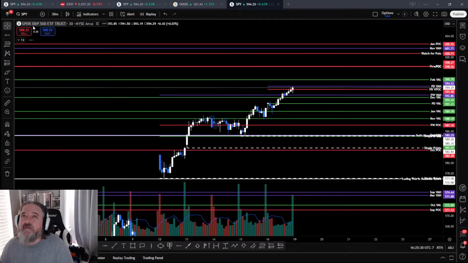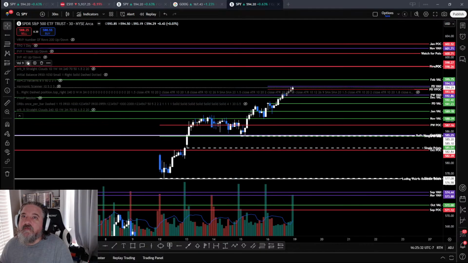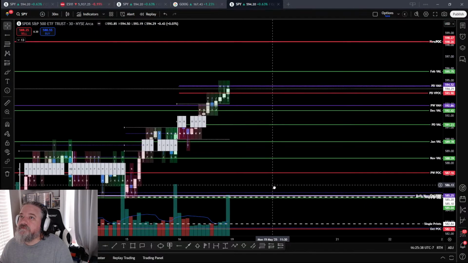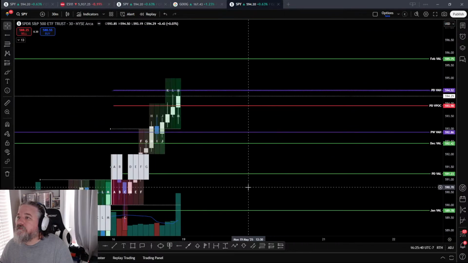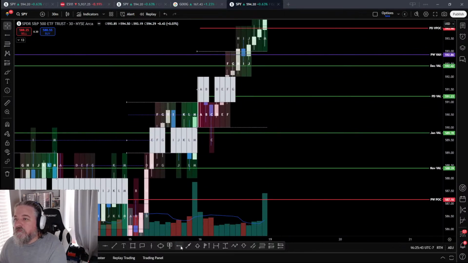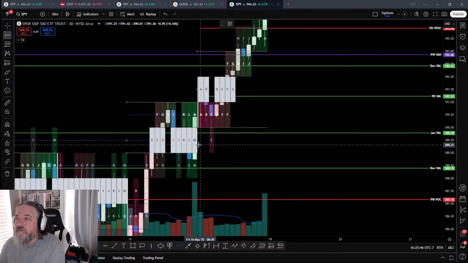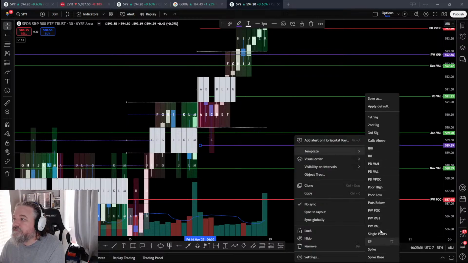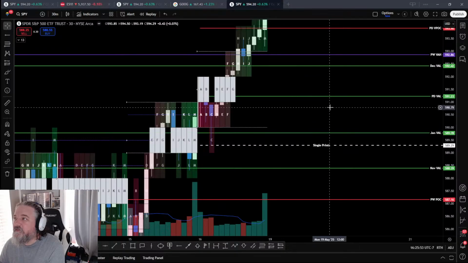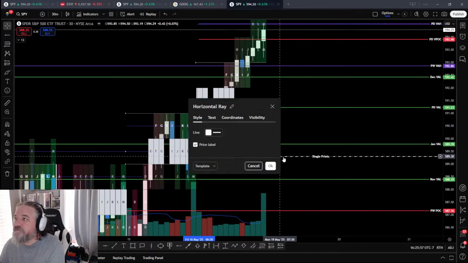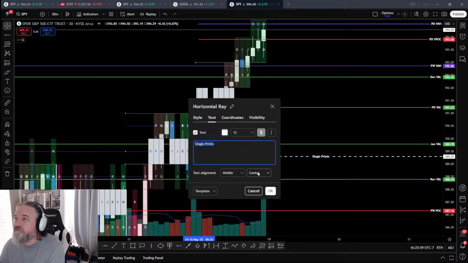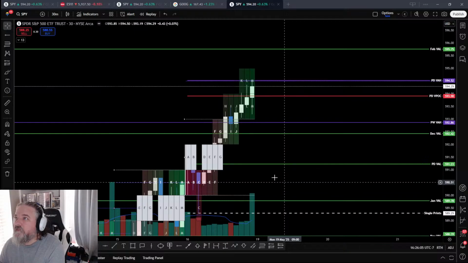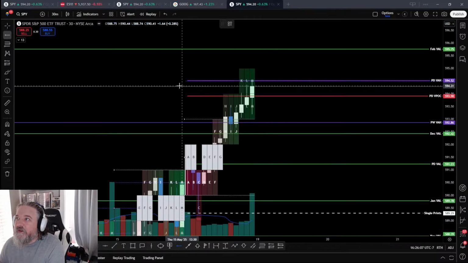Is there some kind of news today? Because they're being wild. All right. Here we have a strong low or single prints, and then at the top we have a poor high.